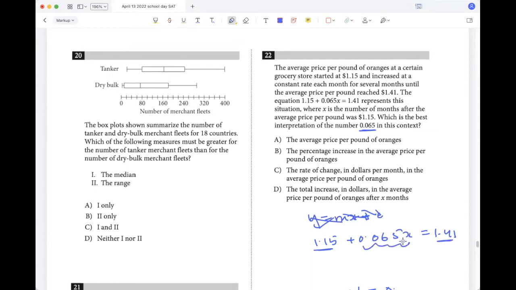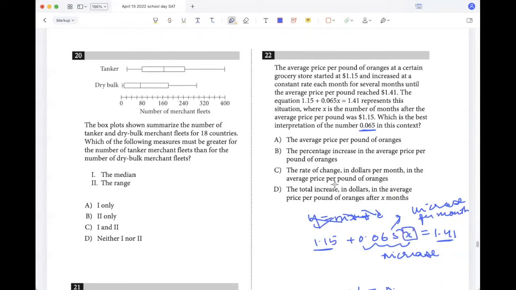And this represents the increase, right? And this increase is the increase that has happened over X months. So obviously 0.065 would be the increase per month, right? In the price of oranges. Because then you're multiplying it by the number of months to get the total increase.